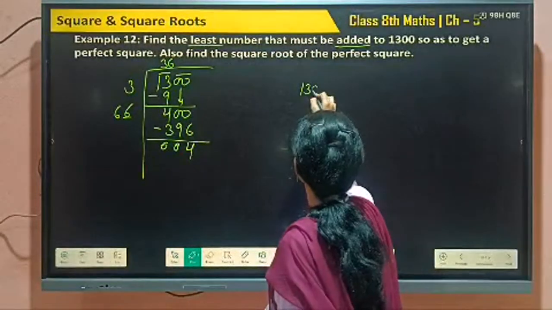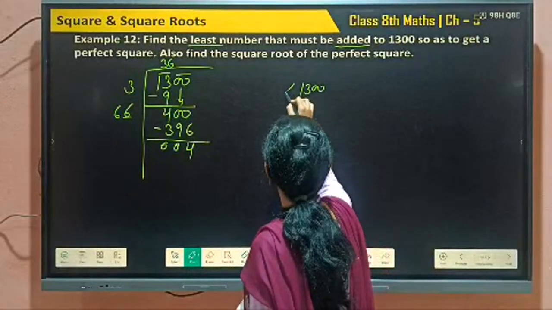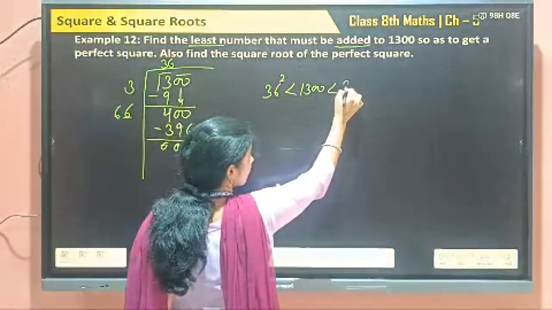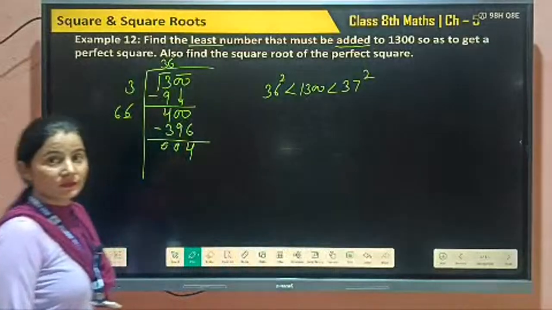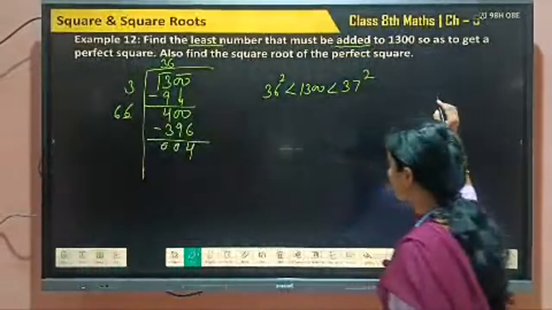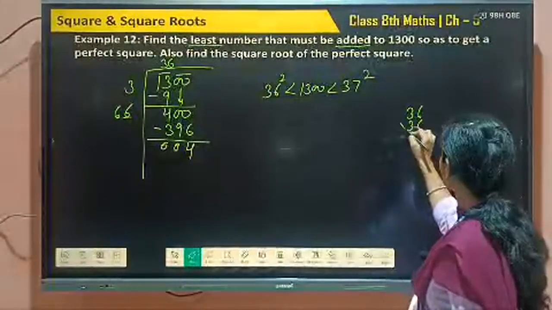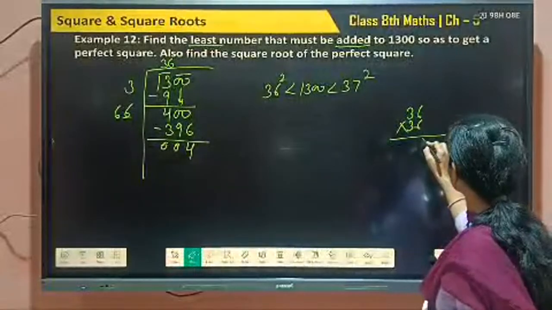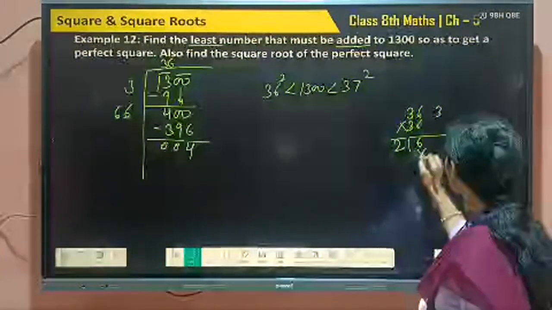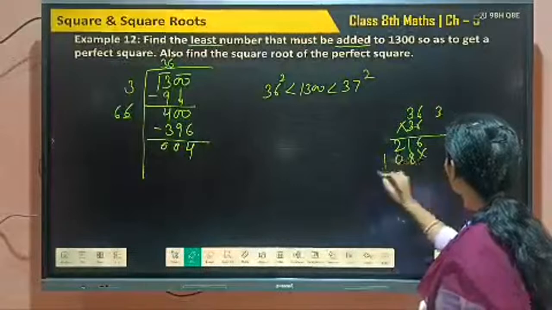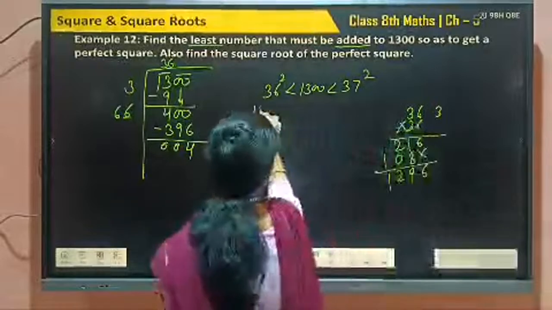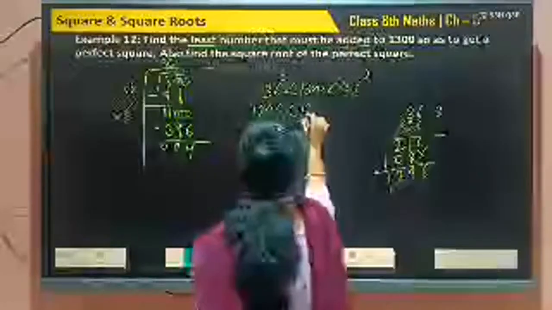This 1300, its square root, this number is lying between 36 square and 37 square. Let us find out what is the square of 36 and 37. 6 6s are 36, 6 3s are 18 and 3, 21, 3 6s are 18, 3 3s are 9 and 1, 10. 6 9 2 1. 1296.